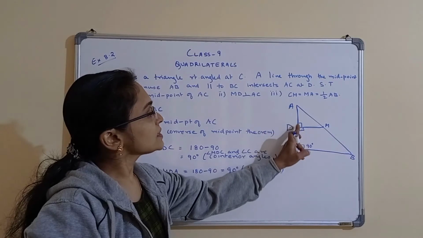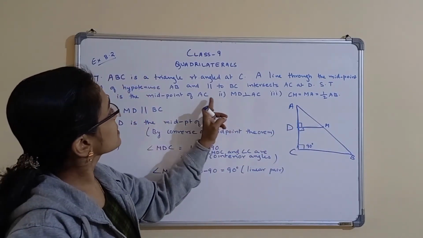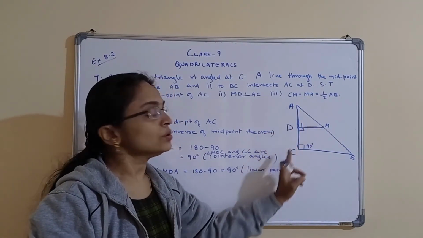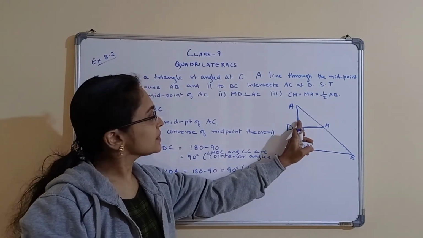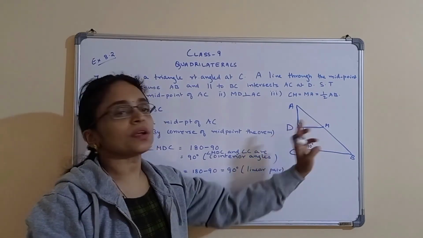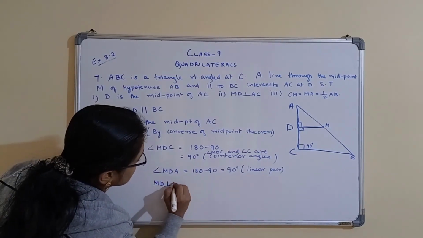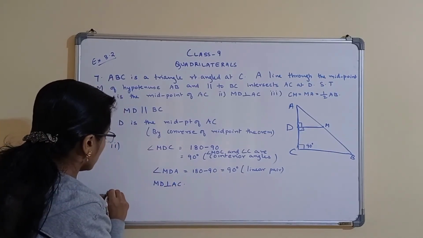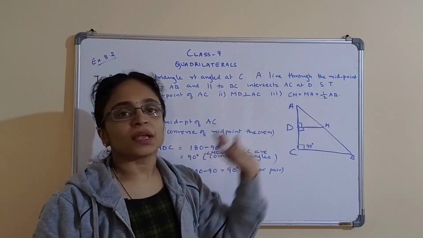So we got this angle ADM is equal to 90 degree, which means this MD is perpendicular to AC. That is, if this is 90 degree, this will be 90 degree. So MD will be perpendicular to AC. Okay, proved.